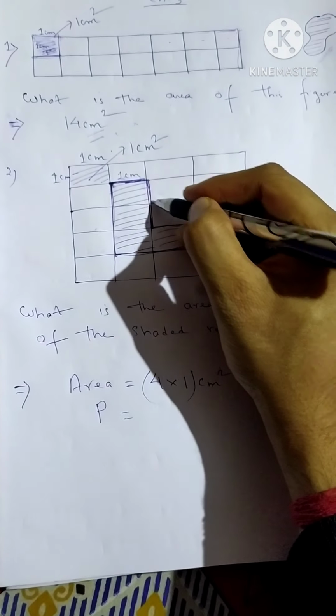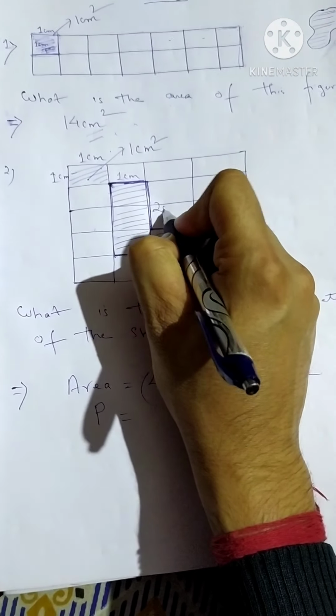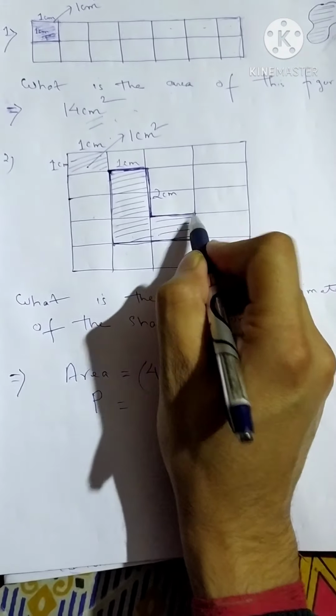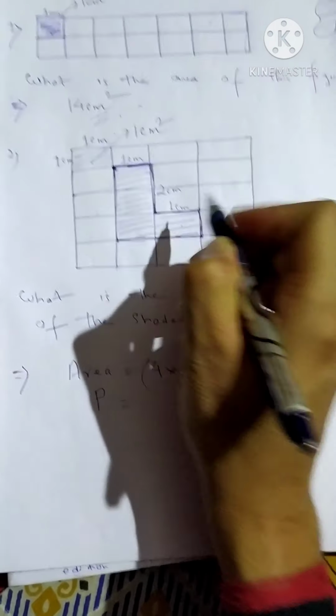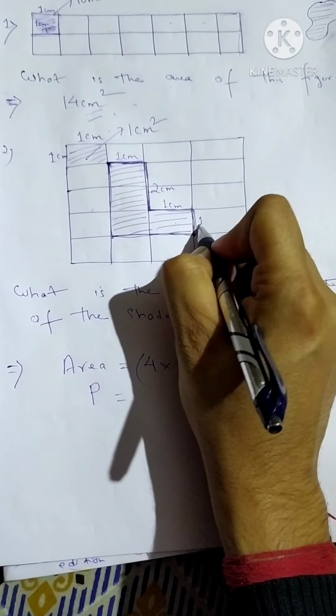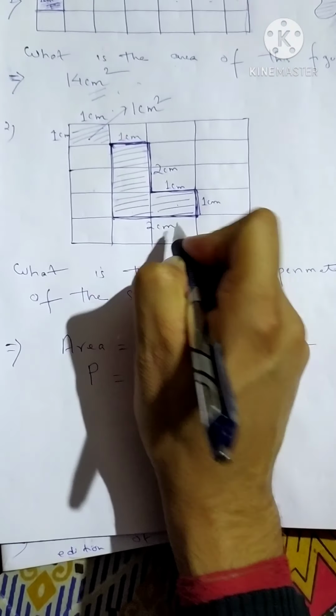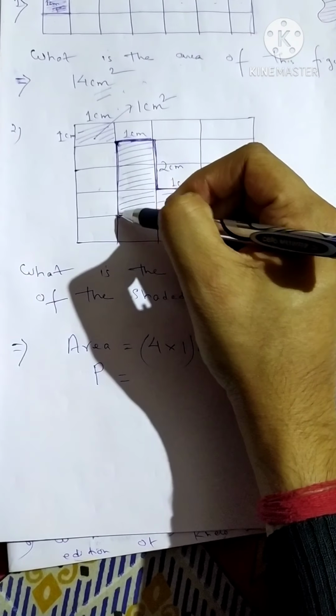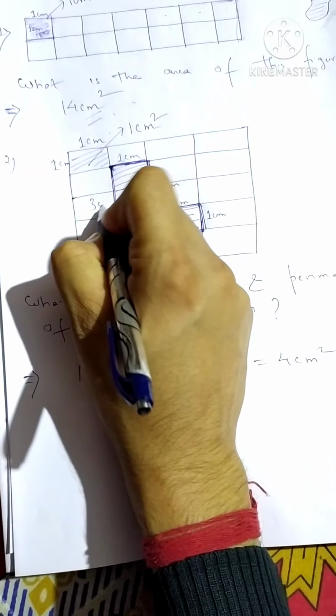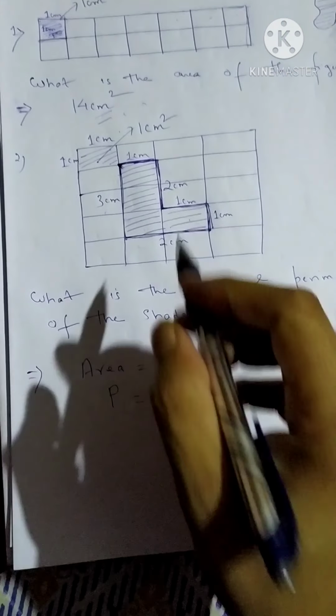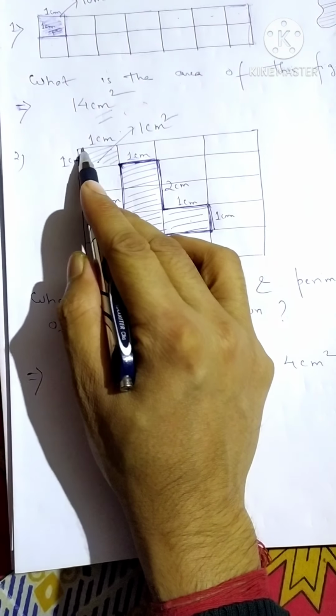Now this one you see 1 plus 1, 2 centimeter. This one again 1 centimeter. This one 1 centimeter. This one 1 plus 1, 2 centimeter. And this one 1, 2, 3, 3 centimeter. Why? Because each side we have taken as 1 centimeter.